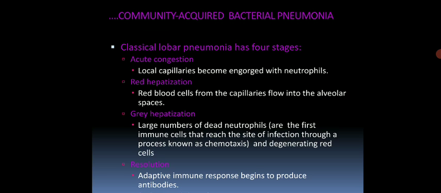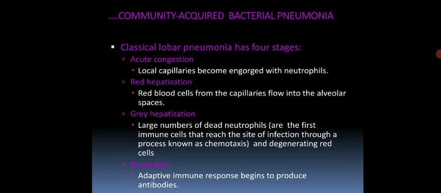So classical lobar pneumonia has four stages. First is acute congestion, then red hepatization, then grey hepatization, as well as resolution. In acute congestion, local capillaries become enlarged with neutrophils. Then in red hepatization, red blood cells from capillaries flow into alveolar spaces.